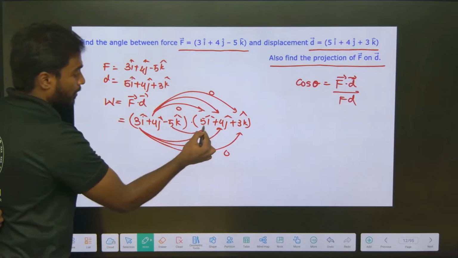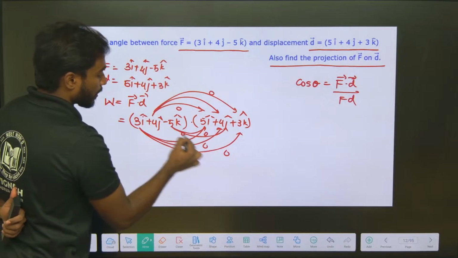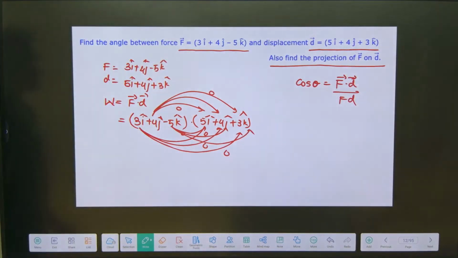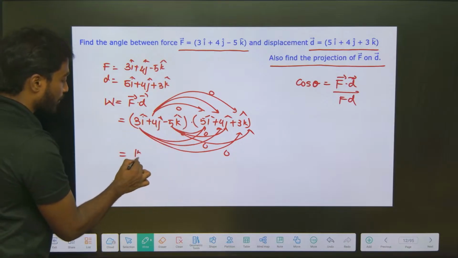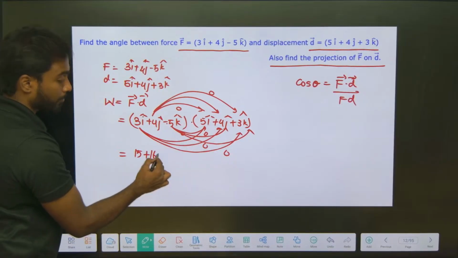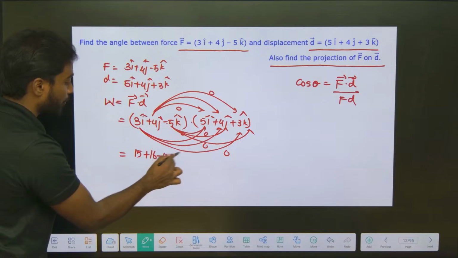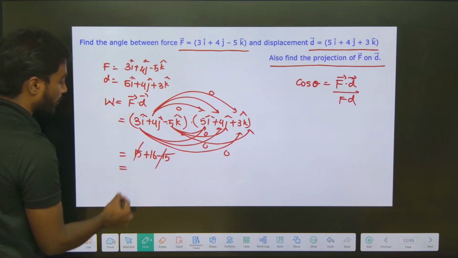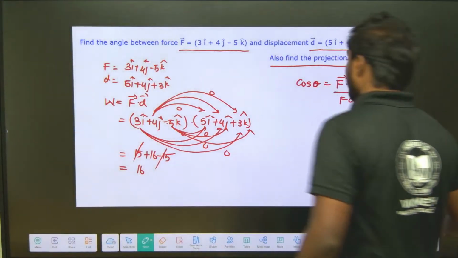K dot I is 0, K dot j is 0, K dot k I can do. So the answer will be 3 into 5 is 15, 4 into 4 is plus 16, minus 5 into plus 3, minus 15. So minus 15 plus 15, 16 units. That's the answer we got in that case also.